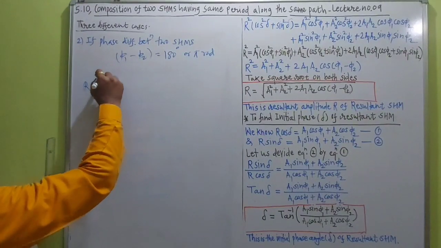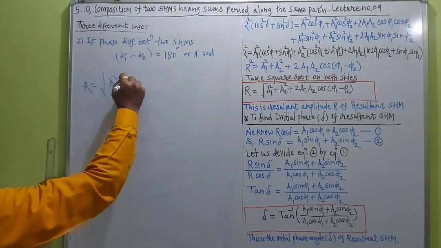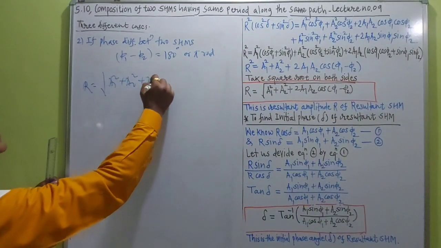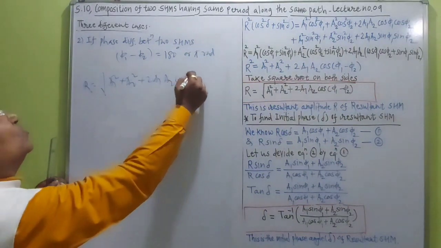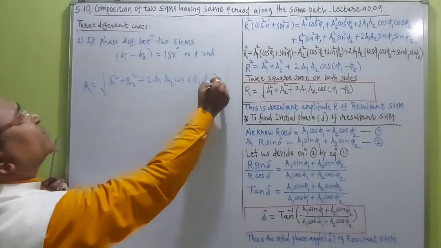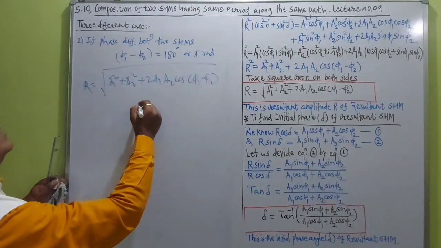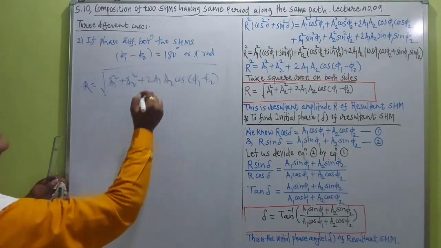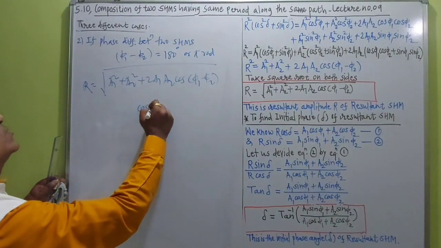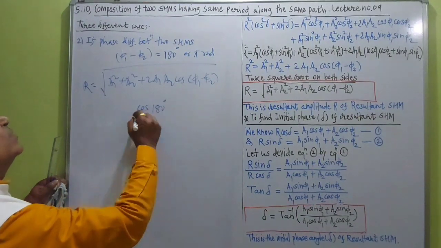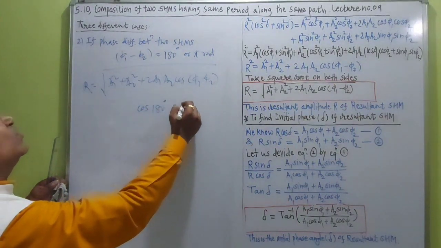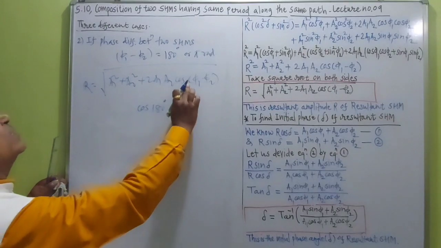Write down capital R is equal to square root of A1 square plus A2 square plus 2A1 A2 cos of phi 1 minus phi 2. Take phi 1 minus phi 2 is equal to 180. So cos of 180 degree is equal to what? Minus 1. Put here minus 1.